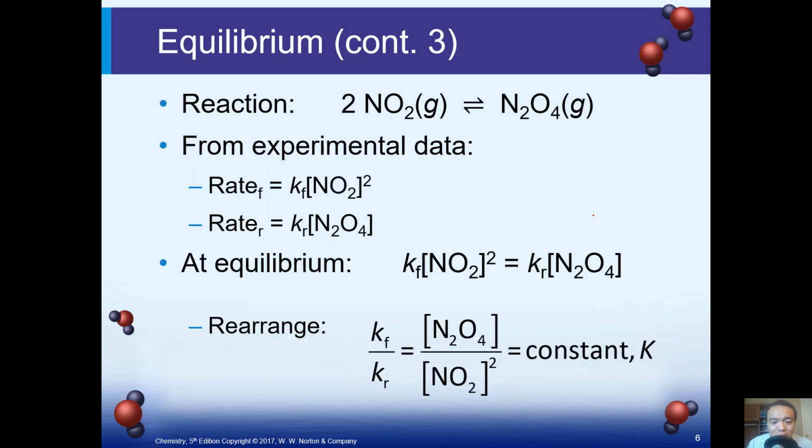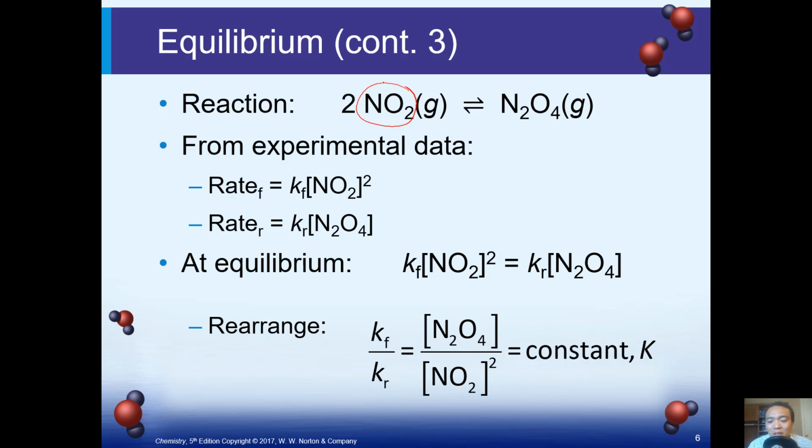Let's look at another reaction. This reaction involves nitrogen dioxide, NO2, the gas responsible for the brown haze associated with photochemical smog. This molecule will establish an equilibrium in the reverse reaction with N2O4, dinitrogen tetroxide.